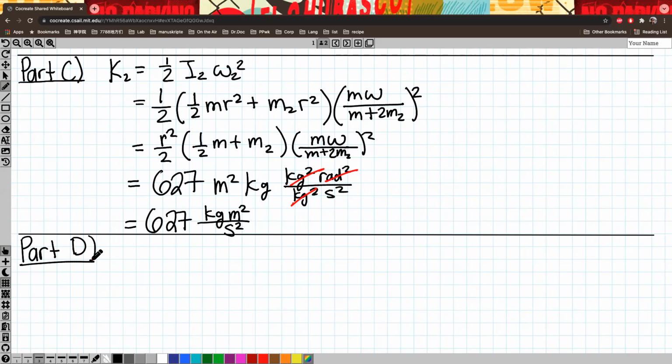How is kinetic energy related to work? Oh, work kinetic energy theorem.